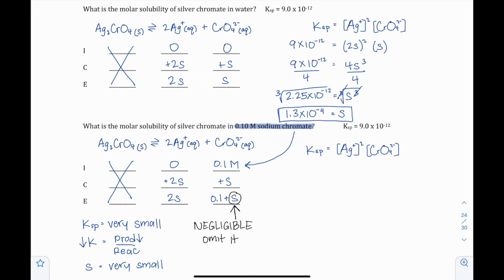If the amount of products is really small, that means there's very little solid dissolving into its aqueous ions, so the change, or S, is really small. In fact, S is so small that when you add it to 0.1 and round it, you still get 0.1. So compared to the initial amount, S is considered negligible, which means we can omit it from the equation.